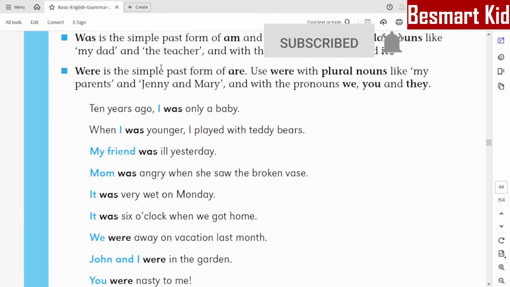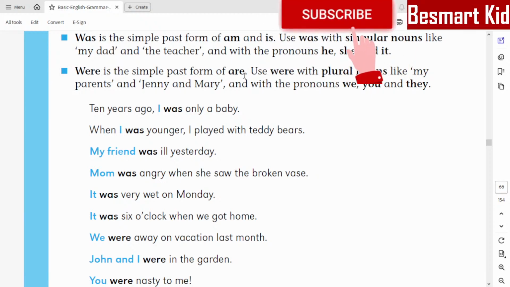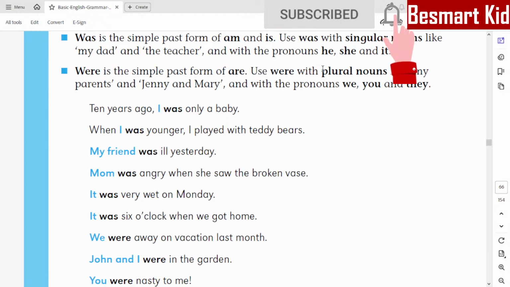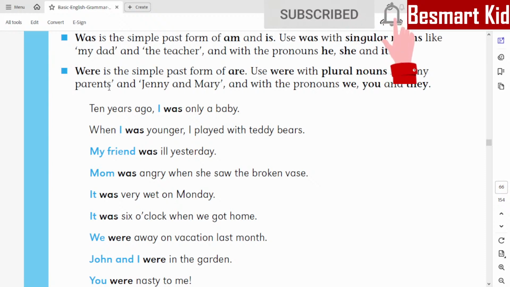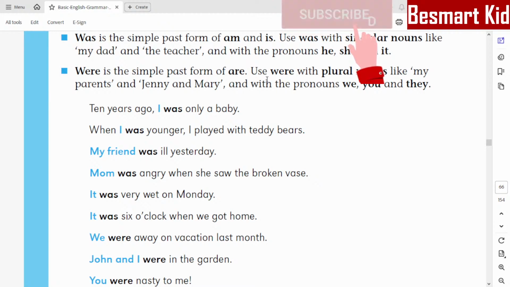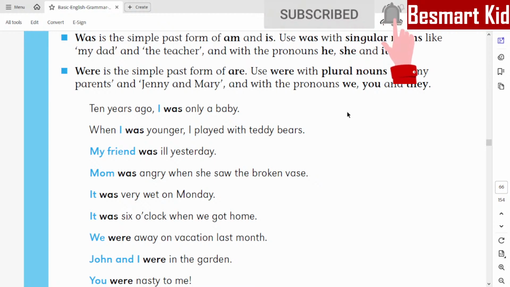Were is the simple past form of are. Use were with plural nouns like my parents and Jenny and Mary, and with the pronouns we, you, and they.